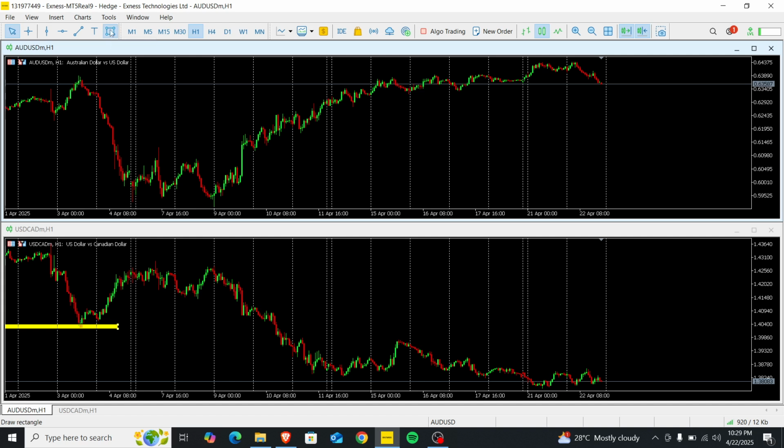So we could see a break of yesterday's high, right? And for USDCAD there was no break. Now the only reason why I would think this will not be a very strong buy is because, well, today is Tuesday, so I don't really expect a very strong buy on Tuesday on USD, meaning even if this is going to move, I'm expecting it to start maybe on Wednesday, Thursday or Friday, right?